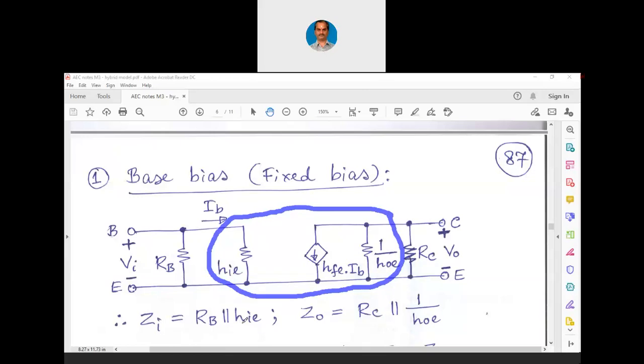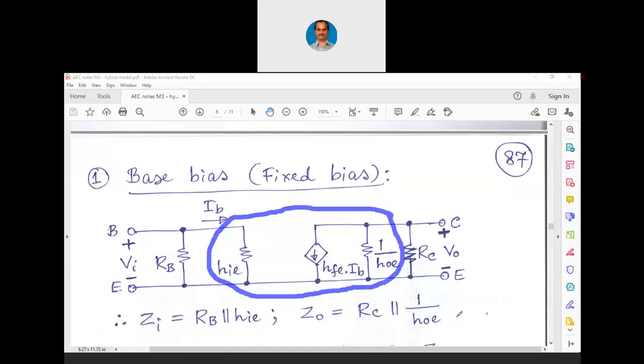Here we write RB in parallel with HIE. Similarly for Z0, it is RC in parallel with 1 over HOE. In our RE model, we used to write it as RC in parallel with the small R0. R0 used to be given as an impedance there. Here, HOE is given as an admittance. That is how we have this expression Z0 equals RC in parallel with 1 over HOE.